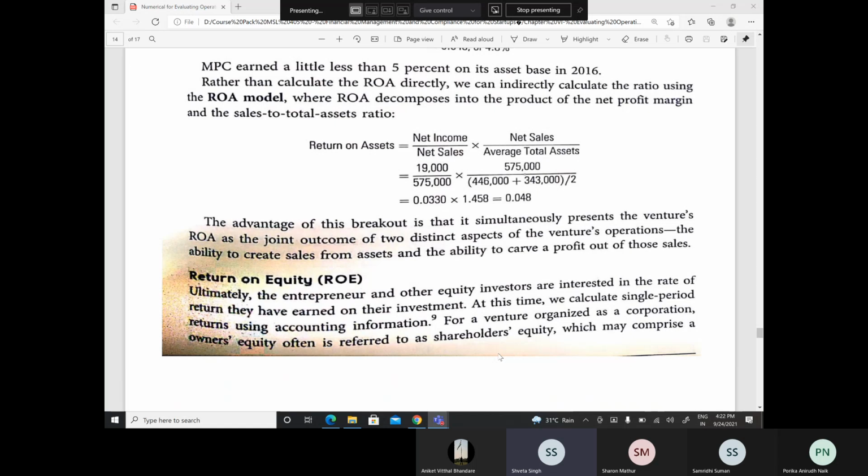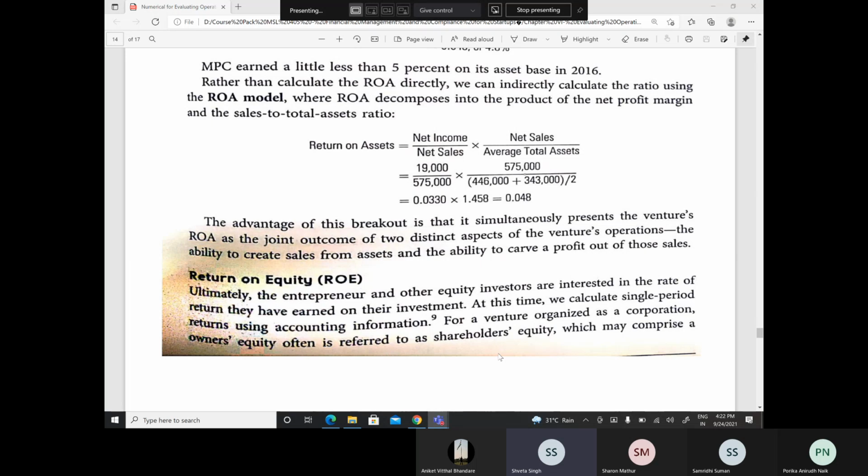Then rather than calculate ROA directly, we can indirectly calculate the ratio using the ROA model, where ROA decomposes into the product of the net profit margin and the sales to total assets ratio. Now, this version of the ROA is also called the DuPont two-point ratio, and it was developed by the DuPont company.